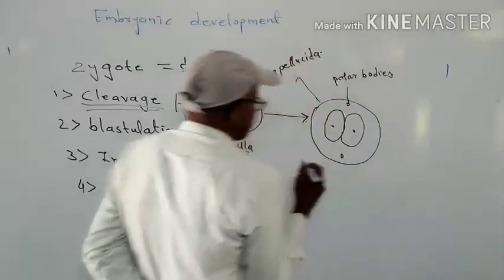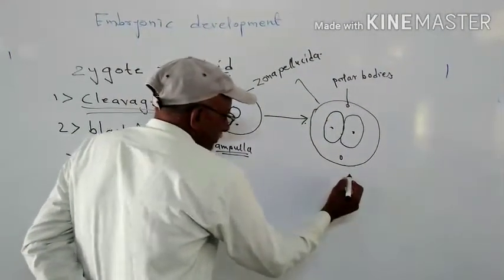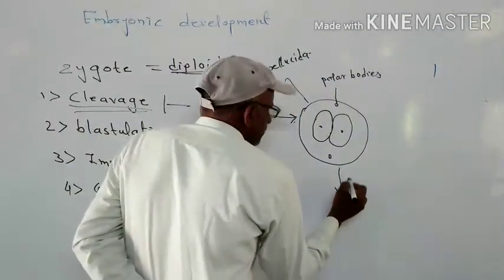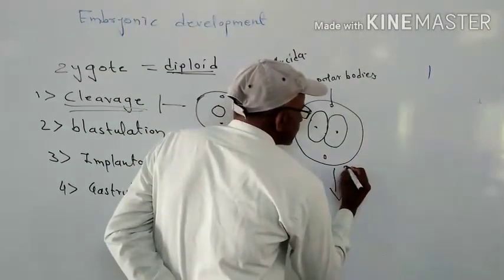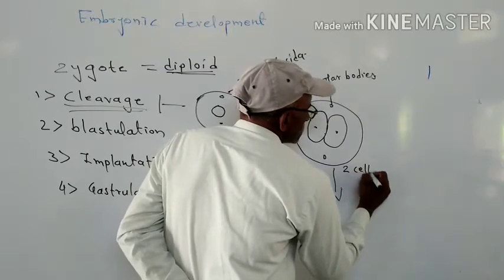Then after that, there is a next division. This is the 2-cell stage.